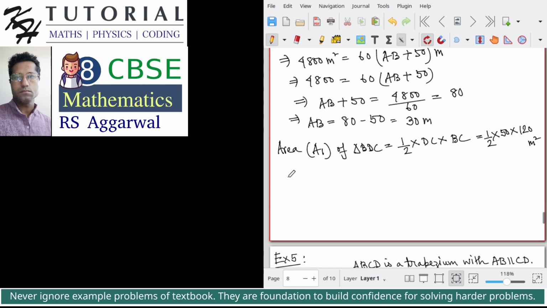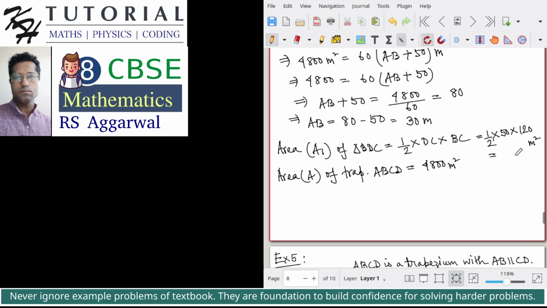And we already know that area A of trapezium ABCD is equal to 4800 meter square. Now what is A1?